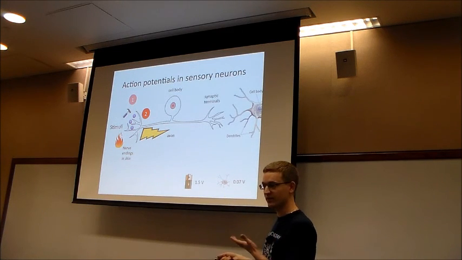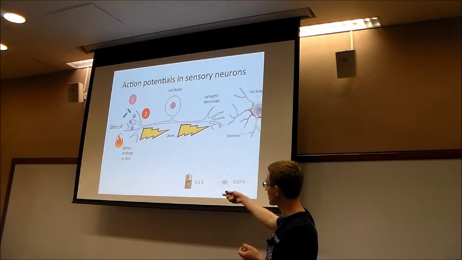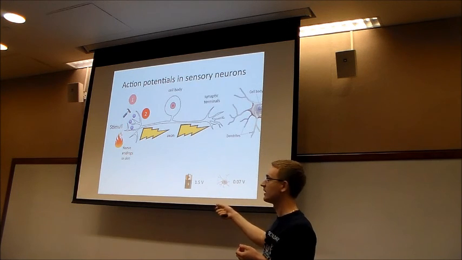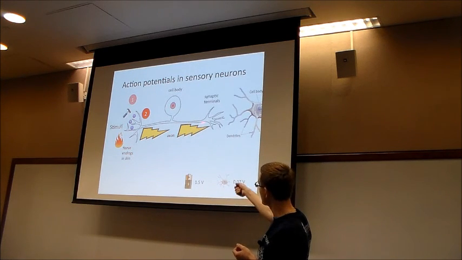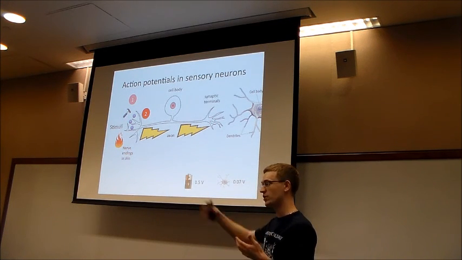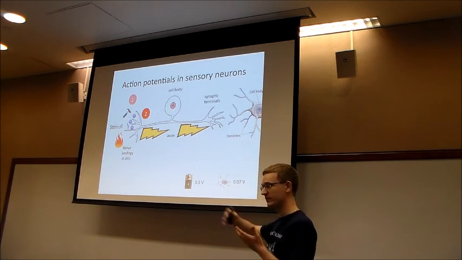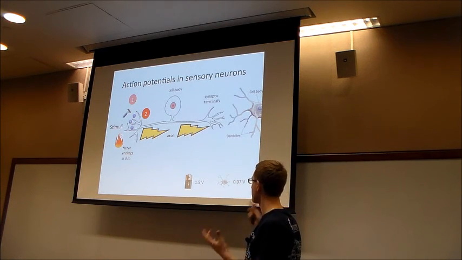Electricity starts flowing along the neuron, and this is called action potential. Maybe you've heard this word before, right? Then this action potential travels to the end of the neuron, and it causes the release of chemicals from one neuron to another neuron, and that's how the signal is transmitted further along the path and all the way to the brain.